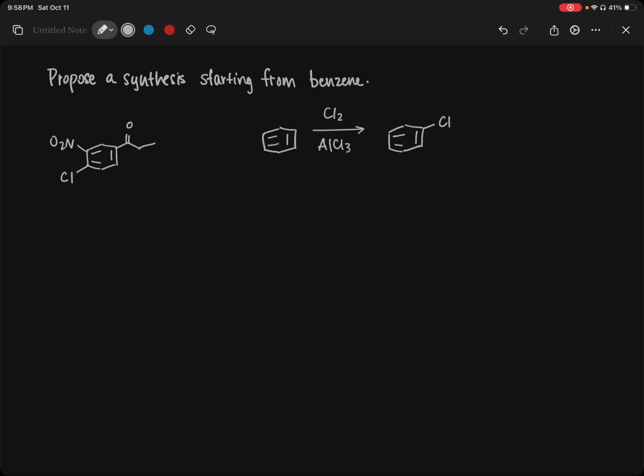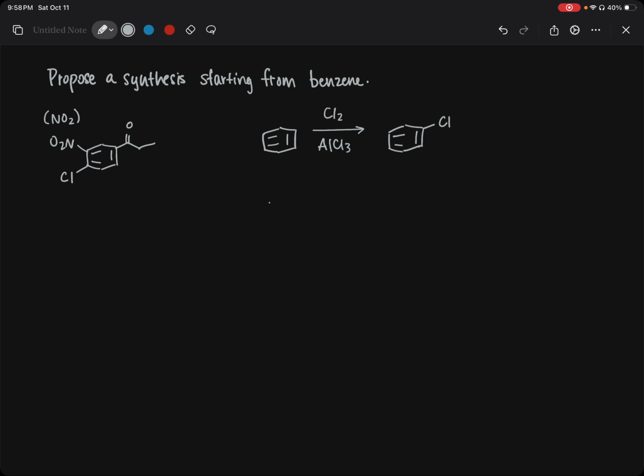What about the nitro group? So this nitro group is written O2N because it's sort of backwards. It's coming off the left side of the ring. But we also know this as an NO2 group. Same thing, just written slightly different because the nitrogen atom is what's attached to the benzene ring.